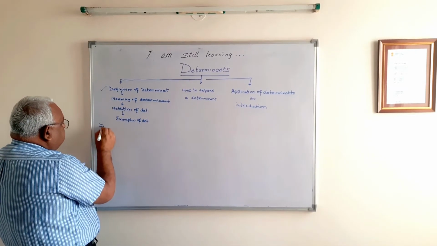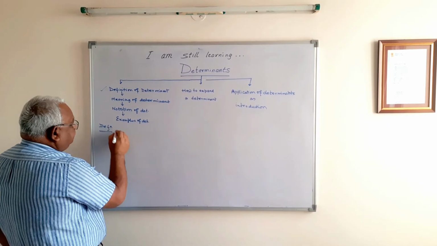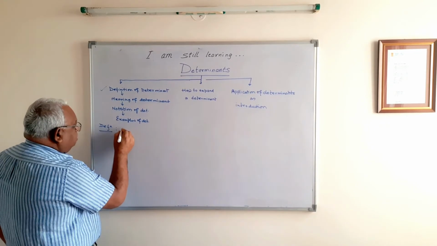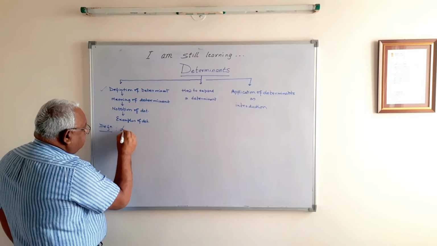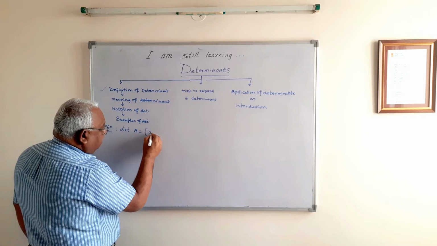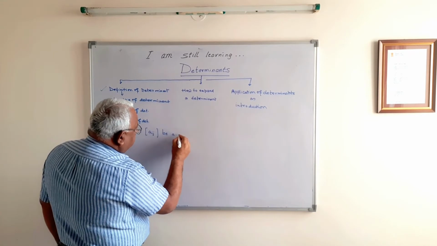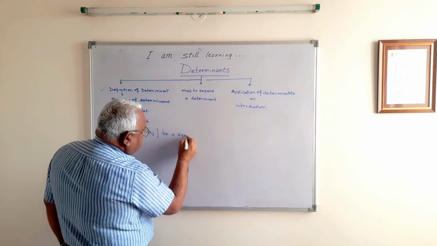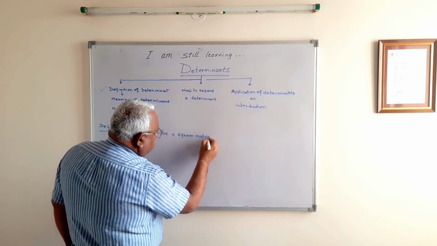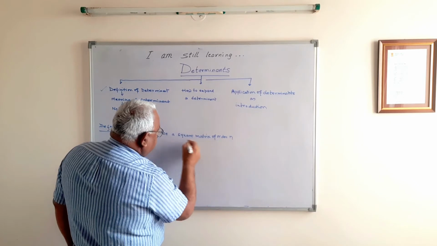What is the definition of a determinant? Let A is equal to Aij be a square matrix of order n.